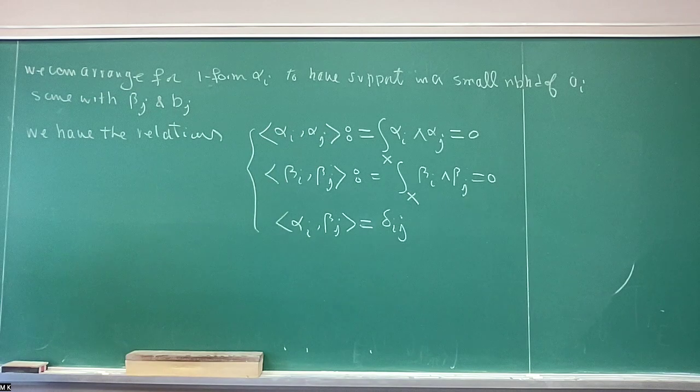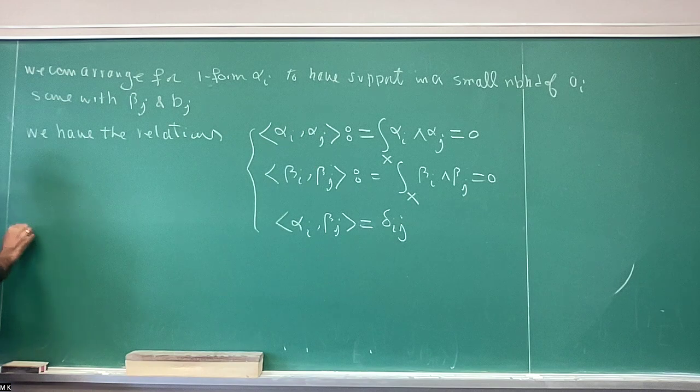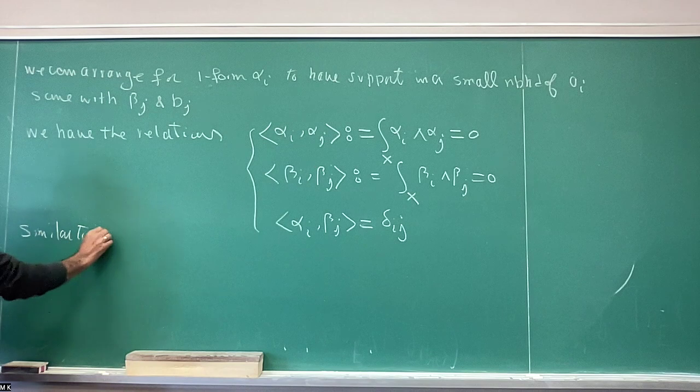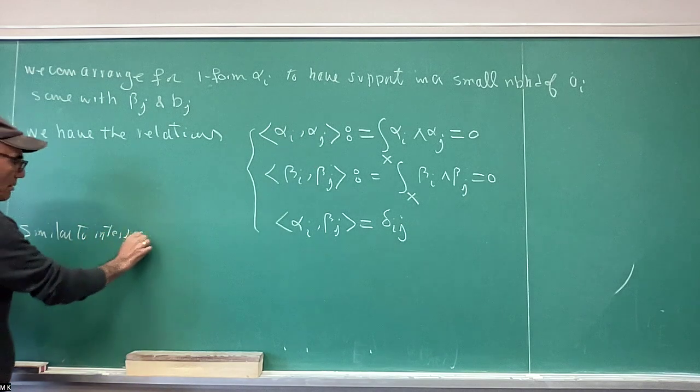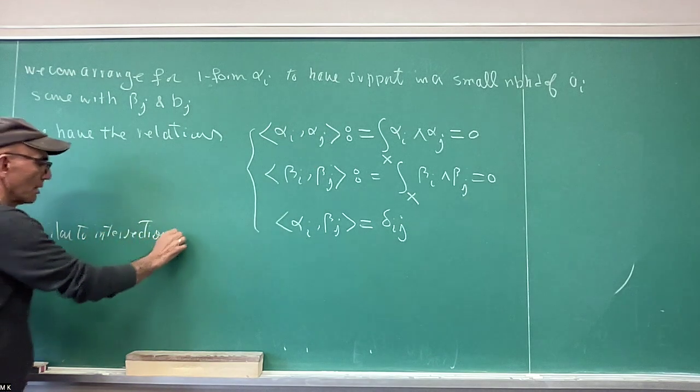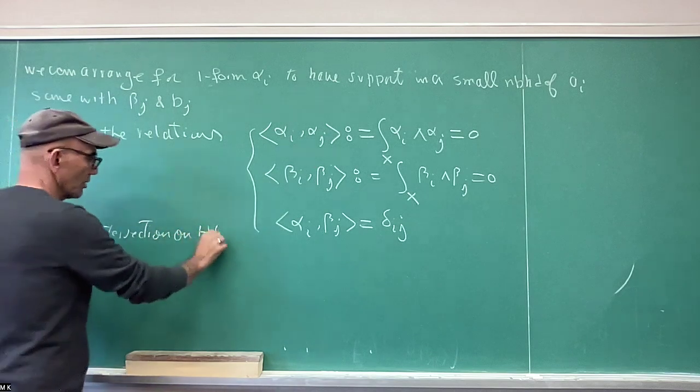So let me motivate this, similar to the intersection pairing before on H1 of X, Z, on singular homology.